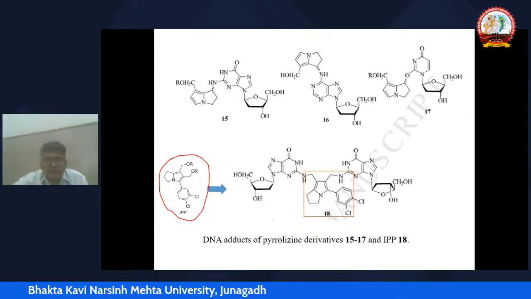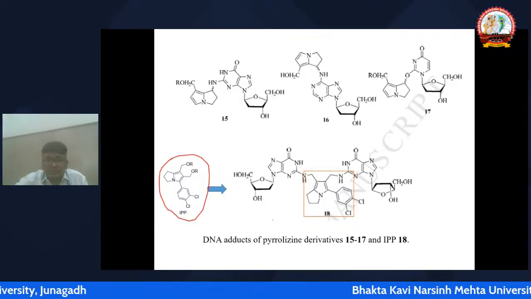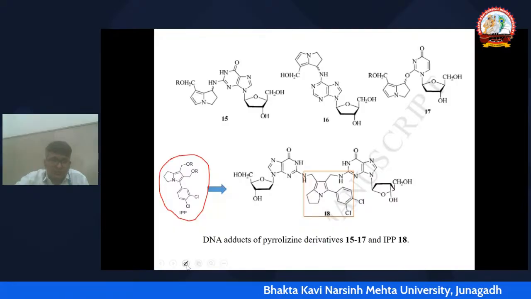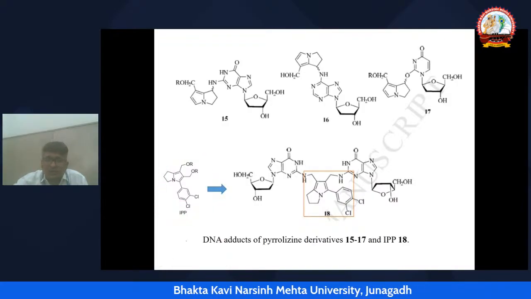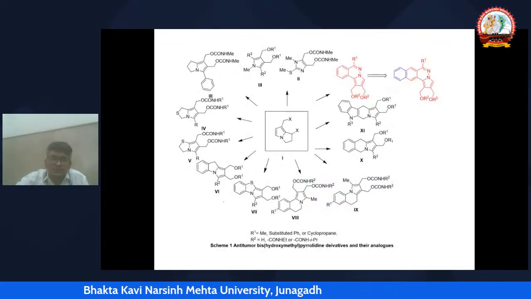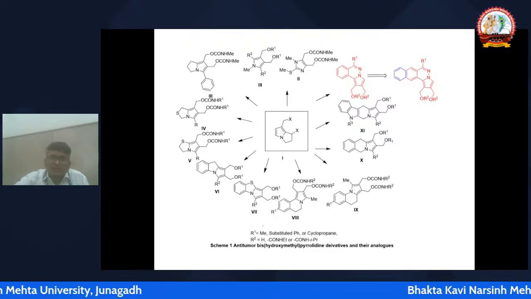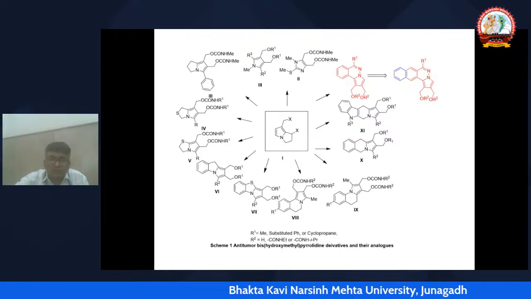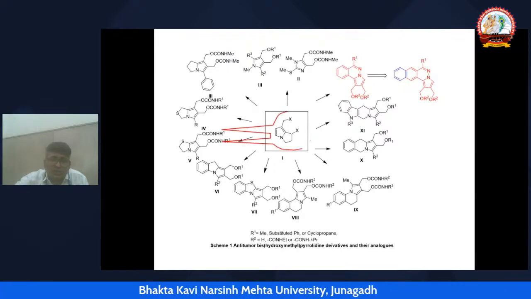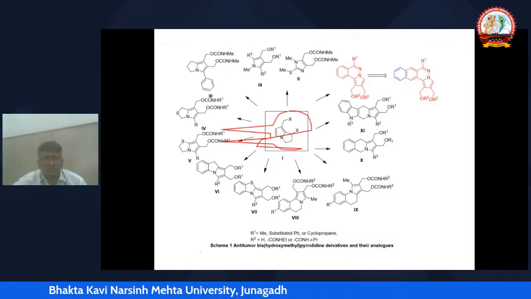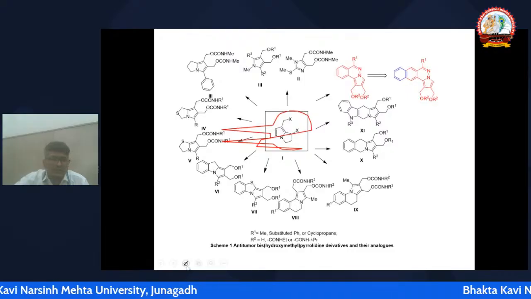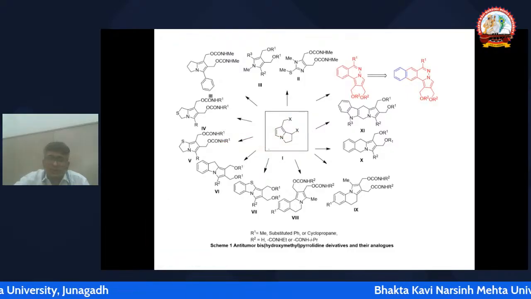Based on this mechanism, in our group they have designed several molecules. We can see in the scheme the anti-tumor bis-hydroxymethyl pyrrolizine molecules and analogs based on this structure.